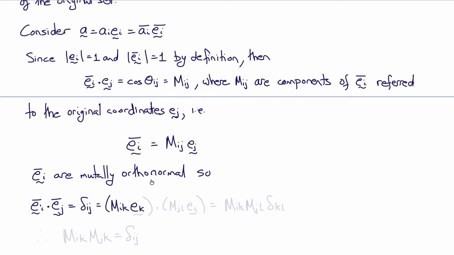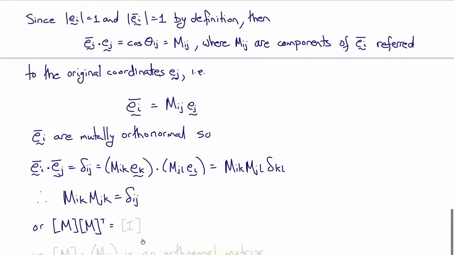And using this expression here, that gives us M_ik e_k dotted with M_jl e_l, which, rearranging, is M_ik times M_jl times e_k dot e_l, which is delta_kl. Delta_kl just turns k into an l or l into a k, which simplifies to M_ik M_jk, which equals delta_ij.